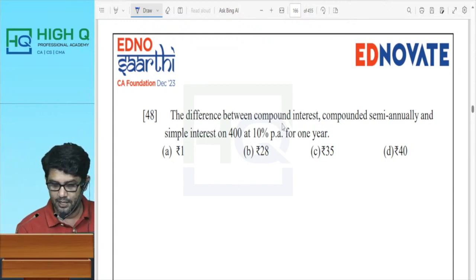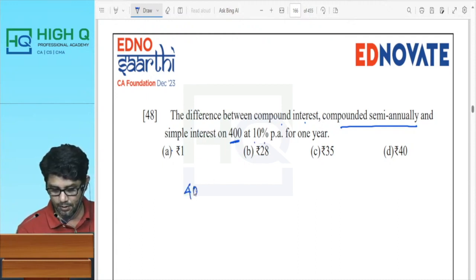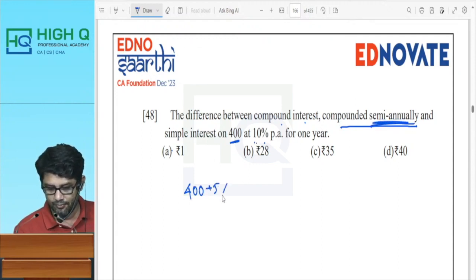The difference between compound interest, compounded semi-annually, and the simple interest on 400 rupees at 10% per annum for 1 year. Please use a calculator. First, 400, compound interest semi-annually. That means 5% plus 5%.